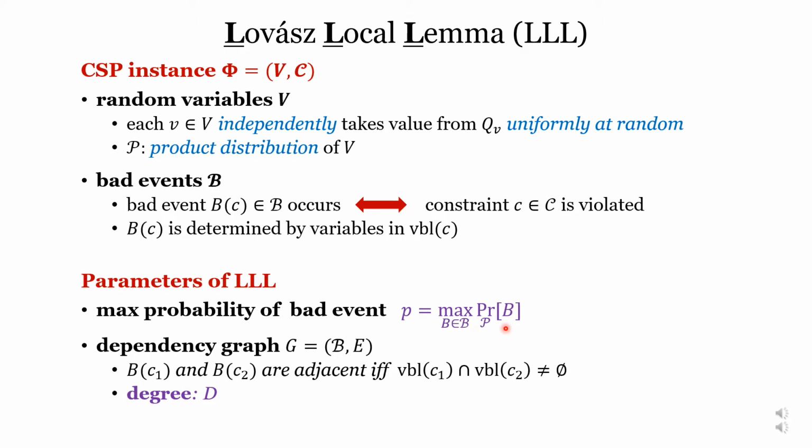Moreover, the dependency relationship between these events can be characterized with a dependency graph, where each vertex corresponds to a bad event, and any two bad events, B_c1 and B_c2, are adjacent if and only if c1 and c2 share variables. Let D be the degree of the dependency graph.